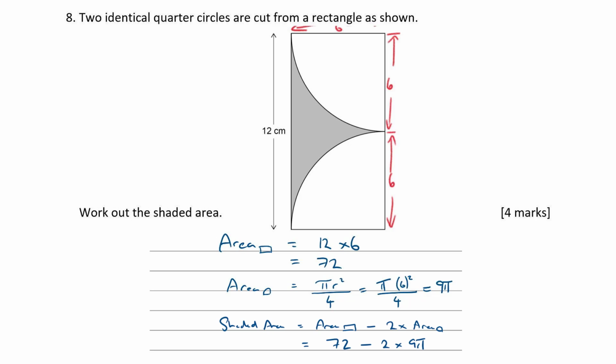Typing 72 subtract 18 pi into my calculator gives me 15.45. Does it ask me to round off in a particular way? Nope. So if it doesn't tell me, I'm just going to round off to 3 significant figures. 15.45 rounds to 15.5, doesn't it? So that's what I'm going to write down.